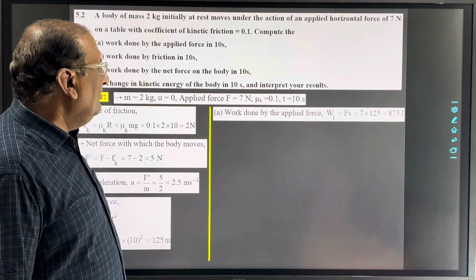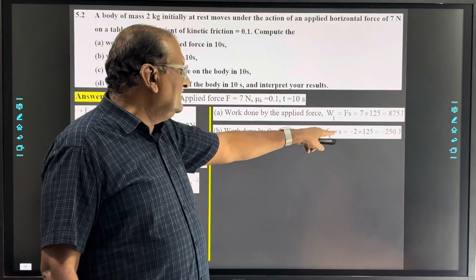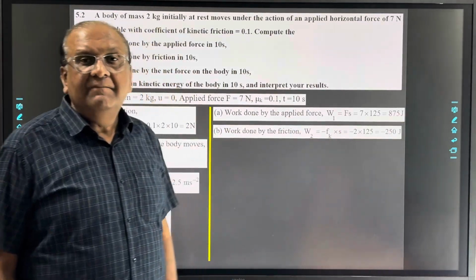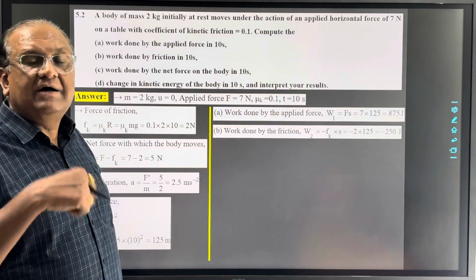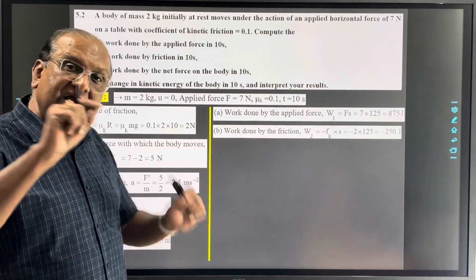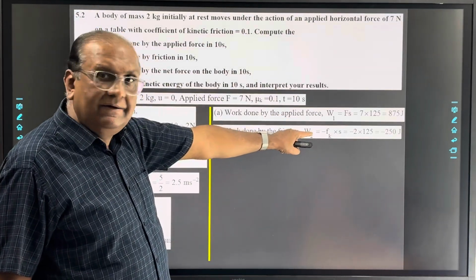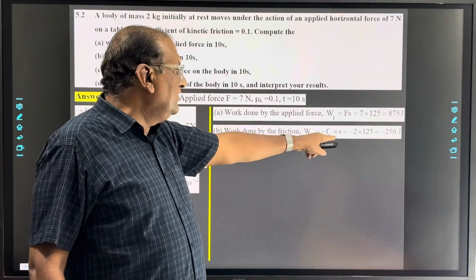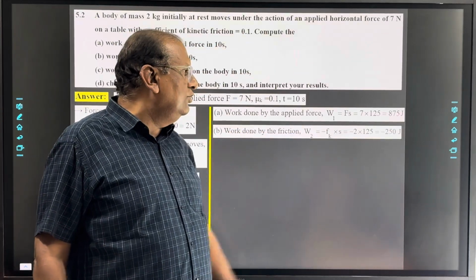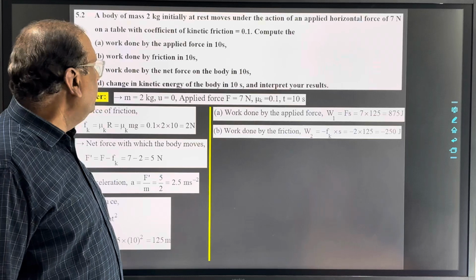So again frictional force into displacement. But frictional force is in the opposite direction of displacement, or opposite direction of motion, so here we have to introduce a negative sign. So minus Fk into S, that is minus 2 into 125, that is minus 250 joule.